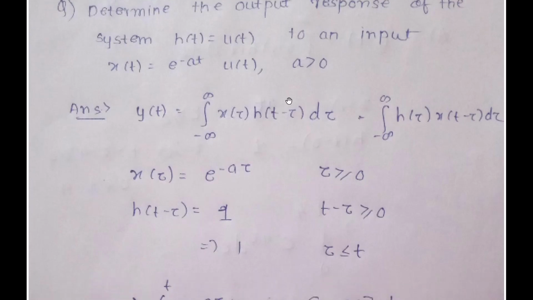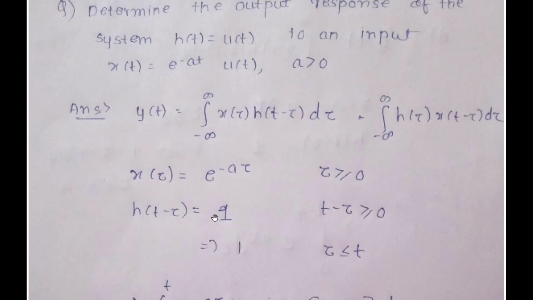And then my next thing is h of t minus tau. So h of t minus tau, ideally the value is equal to 1, because it is a unit step signal. And as I told you, the step signal is applicable for t greater than 0.